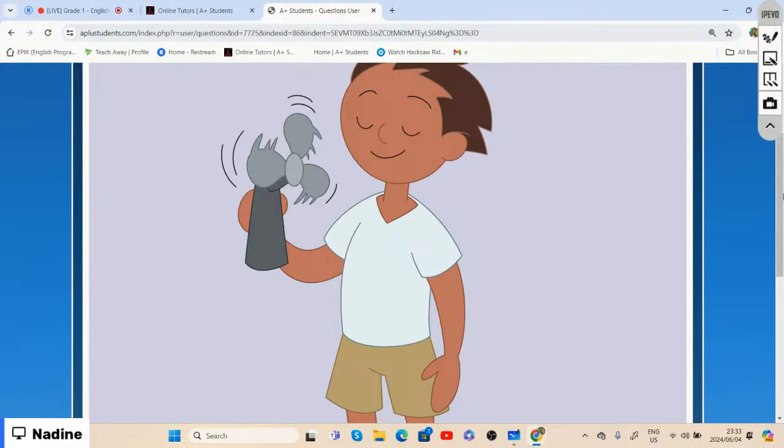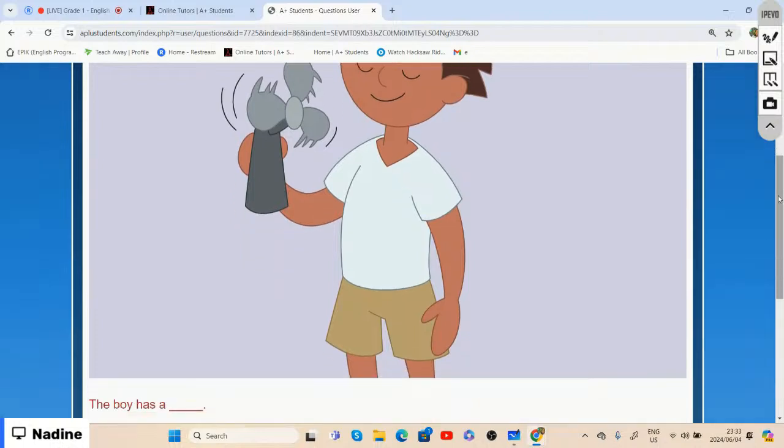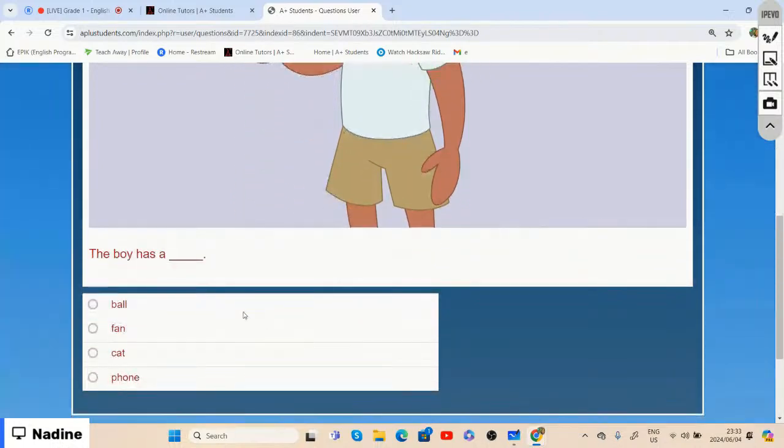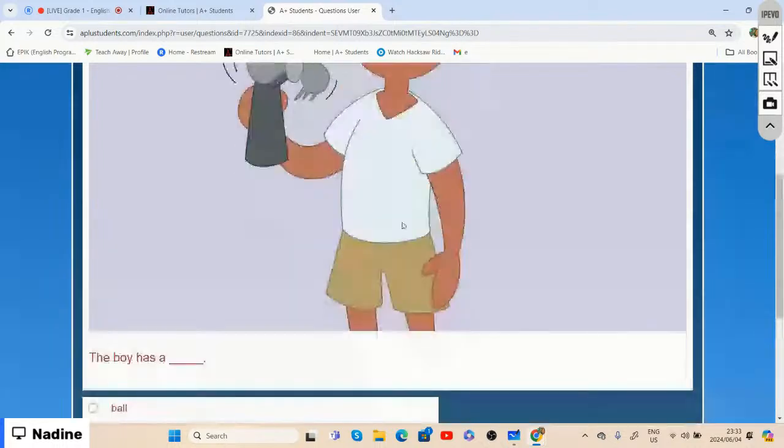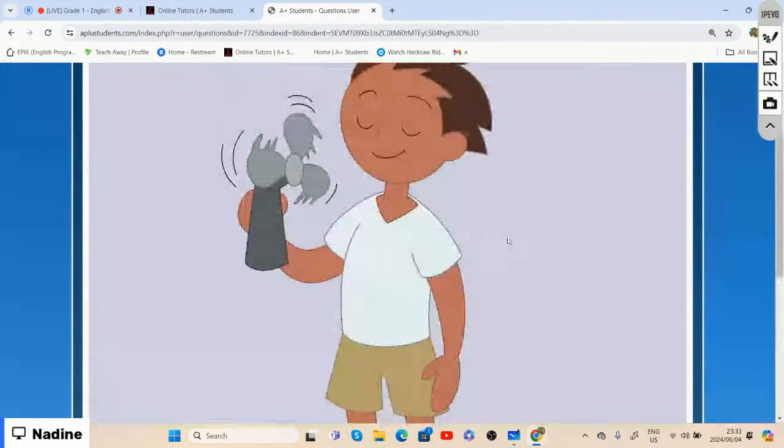All right. So we need to say what the boy has in his hand. So remember, we need to say what the boy has. Does he have a fan? Does he have a ball in his hand, a cat in his hand, or does he have a phone in his hand? So what does he have in his hand?